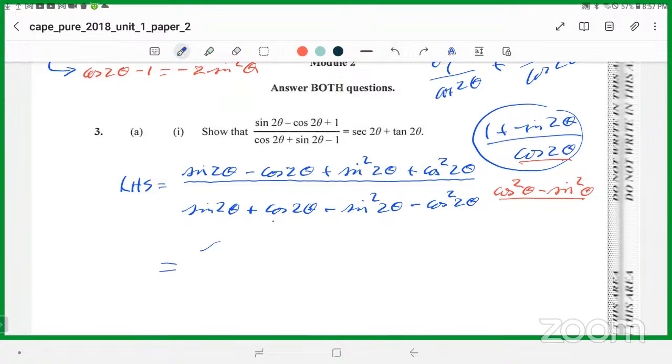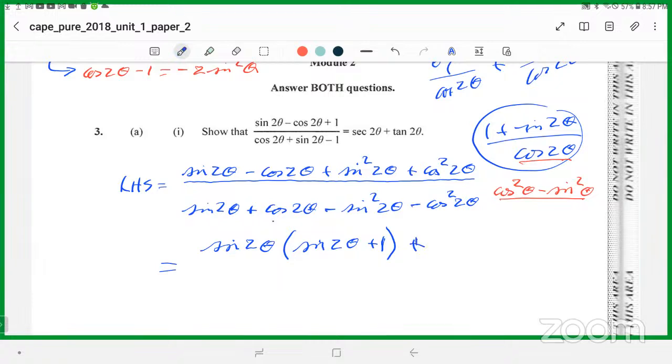So I factorize the sine 2 theta and I get sine 2 theta times (1 plus sine 2 theta). It's not gonna work.